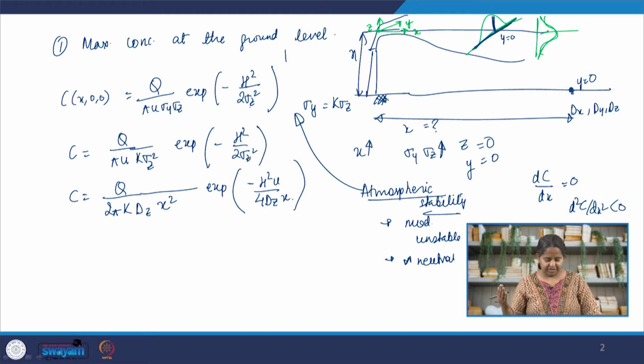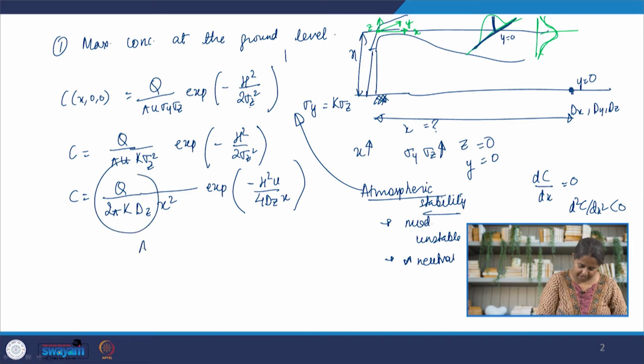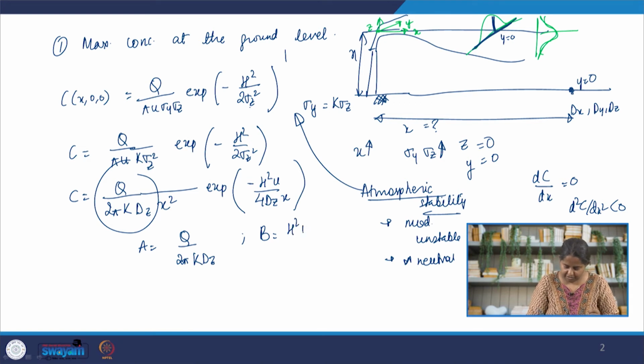Now we can differentiate with respect to x. To make this derivative slightly easier, let's define two new constants. Let's say this part is equal to A. So A is equal to Q by 2 pi capital K Dz, where Dz is the diffusion coefficient in the z direction. And let's say this part is equal to B. So we are defining capital B as h squared u by 4 Dz.